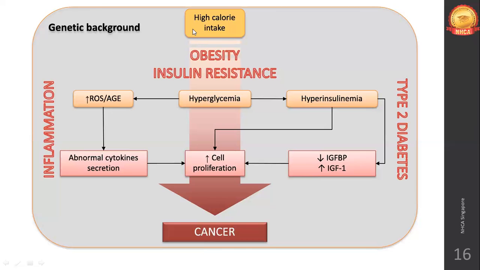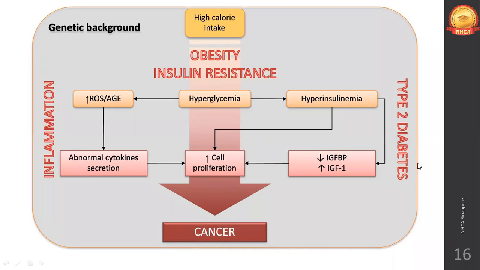So high calorie intake will make you obese. When you go into the overweight obese category, your body is in an insulin resistance phase. And when your body goes into an insulin resistant phase, that's when inflammation and your risk of diabetes increases. And once you are diabetic, or suffering from a chronic inflammatory disease, from insulin resistance, it can go either way.